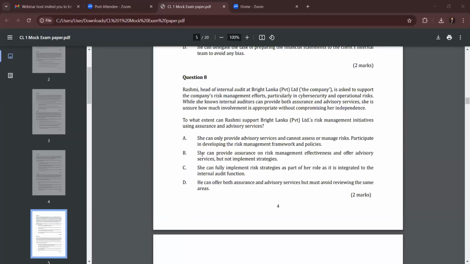The internal auditor should be independent from operational and executive management.